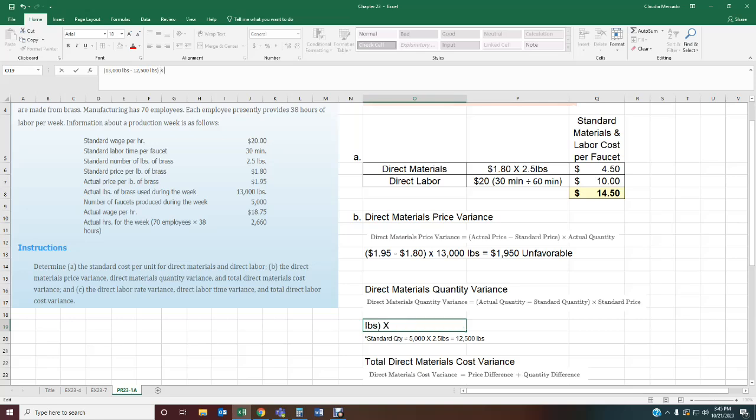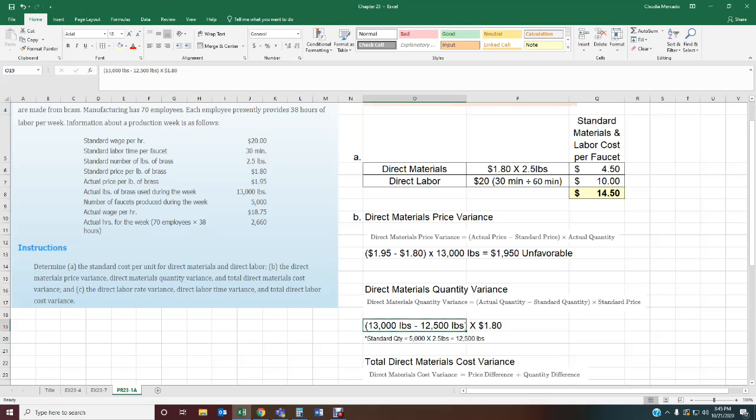And then I am going to multiply times my standard price. Where is it? Right here. The standard price per pound of brass is $1.80. So we're going to multiply times $1.80.